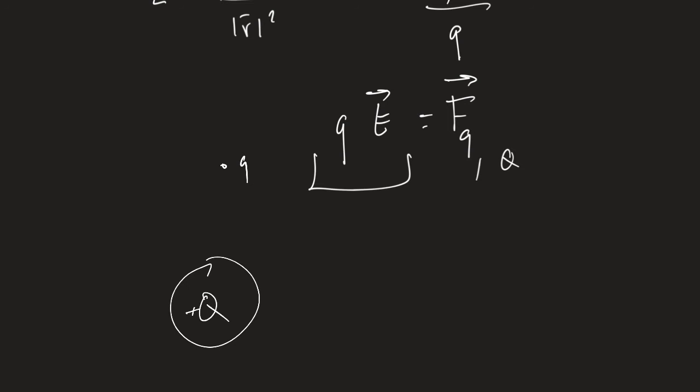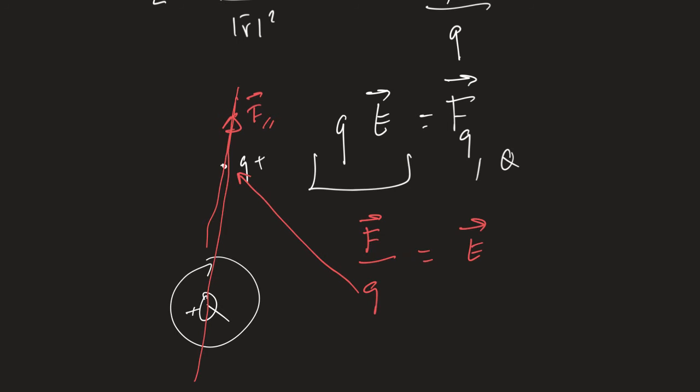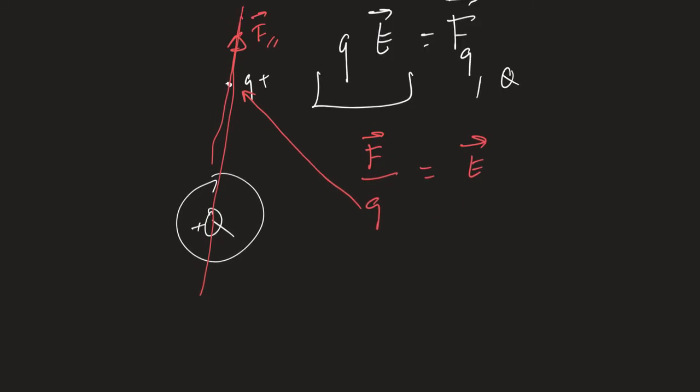Let's say that this is positive and this is positive. The force will be along the line that connects the two charges, and if they are positive, the force will be like this. But the vector that we follow now is not the vector force, it is the vector per unit of charge that we put here. Once the object capital Q is charged, it produces an electrical field.